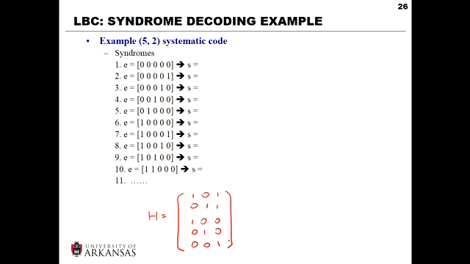Let's figure out what the syndromes are. If it's an all zero vector, our syndrome is always 0. And if the first bit is flipped, it's just going to be the last row of the parity check matrix. So it's 001.